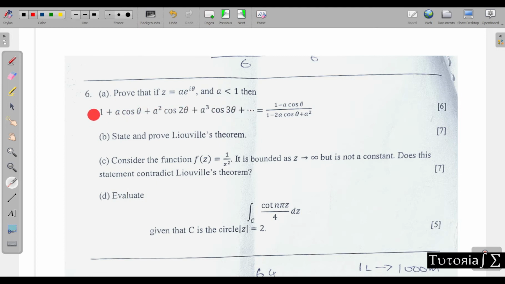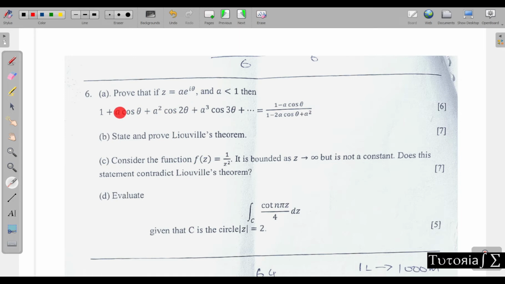Now, if you observe the pattern, we have 1, then a to the power 1, a to the power 2, a to the power 3, a to the power 4, and so on and so forth. So if this was 1, then a must have been raised to the power 0, so that a to the power 0 will be 1, then a to the power 1 will be a, a to the power 2 will be a squared, and so on.